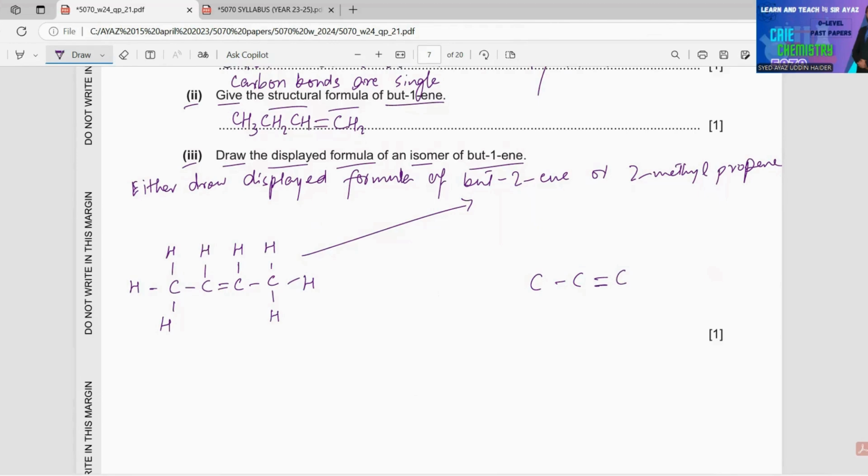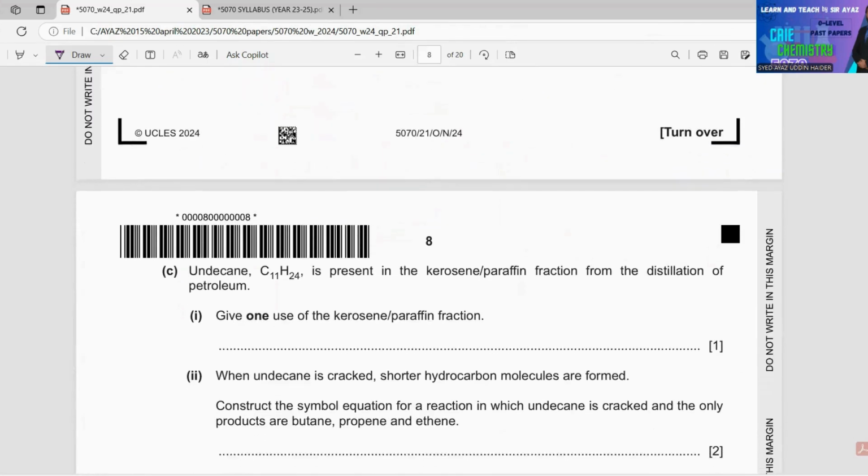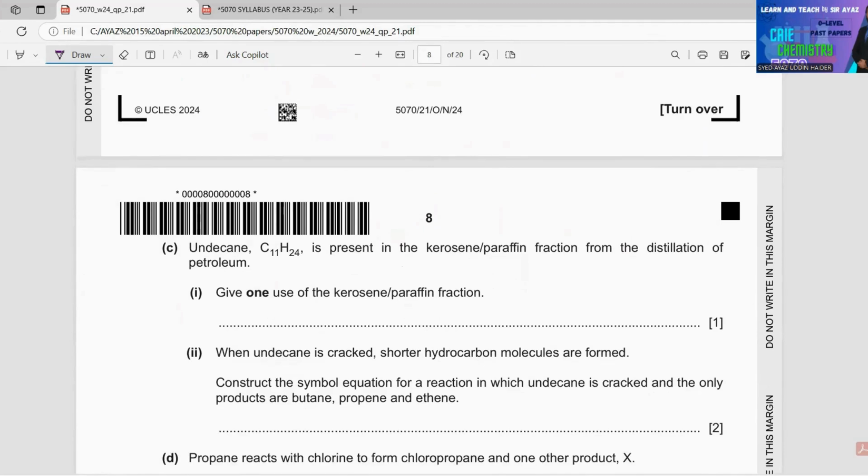And there's a methyl group on the second carbon. So this is the methyl group. One, two, three, four. Second carbon, it's already saturated. No need to place any hydrogen. Third carbon, 1, 2, 3, 4. Placing hydrogen atoms. It's saturated now. This is 2-methyl propene. You can draw any of these in your answer.